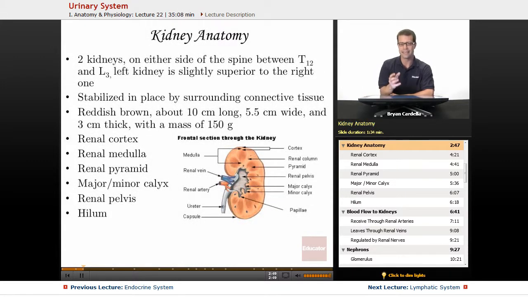All right, so when we look at kidneys, these amazing organs that actually make urine, you do have two kidneys on either side of the spine between the thoracic vertebrae at the bottom of the thoracic curvature, so number 12, where your last ribs are found, and down to about the third lumbar vertebra, which means that they're only partially covered by your rib cage.